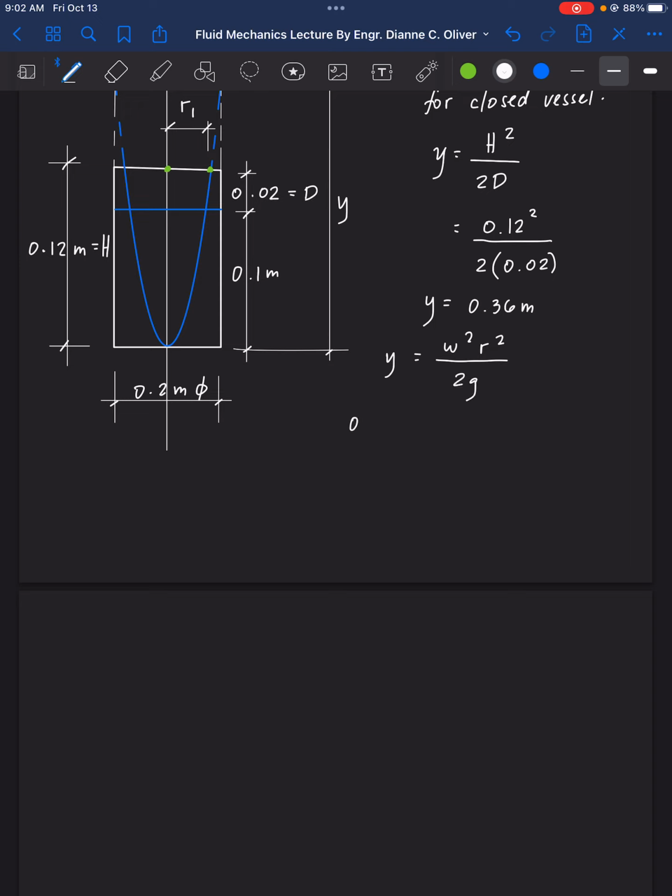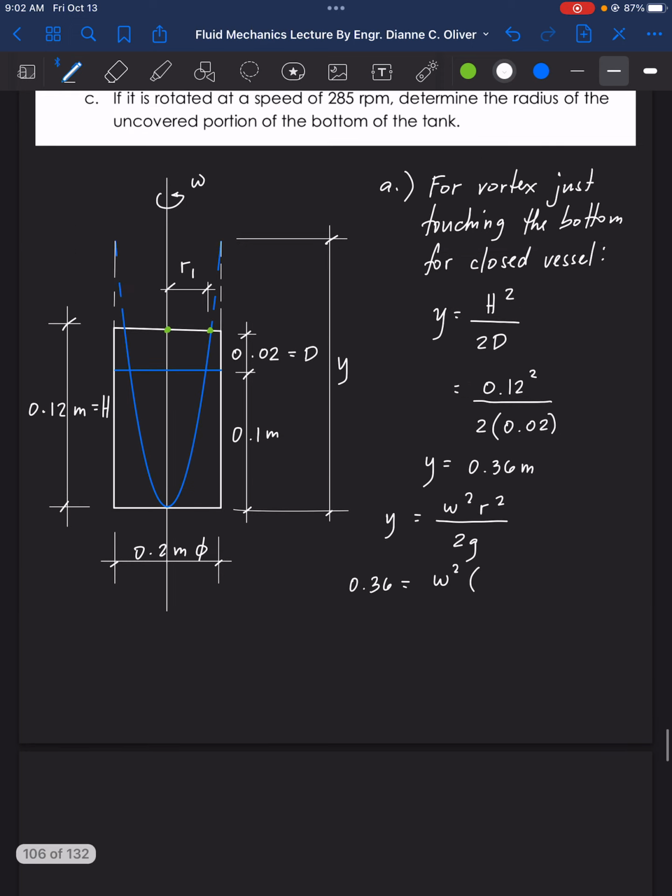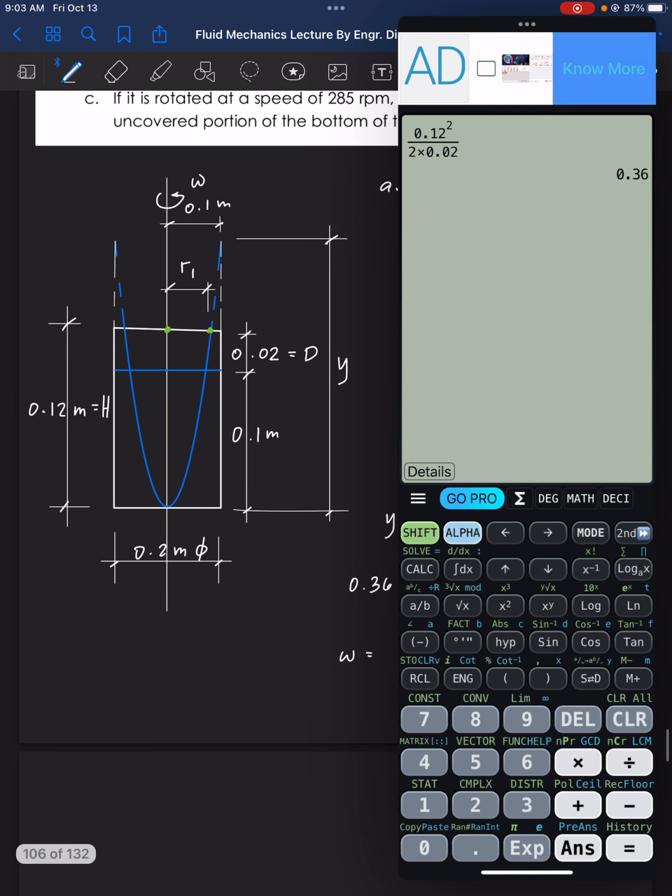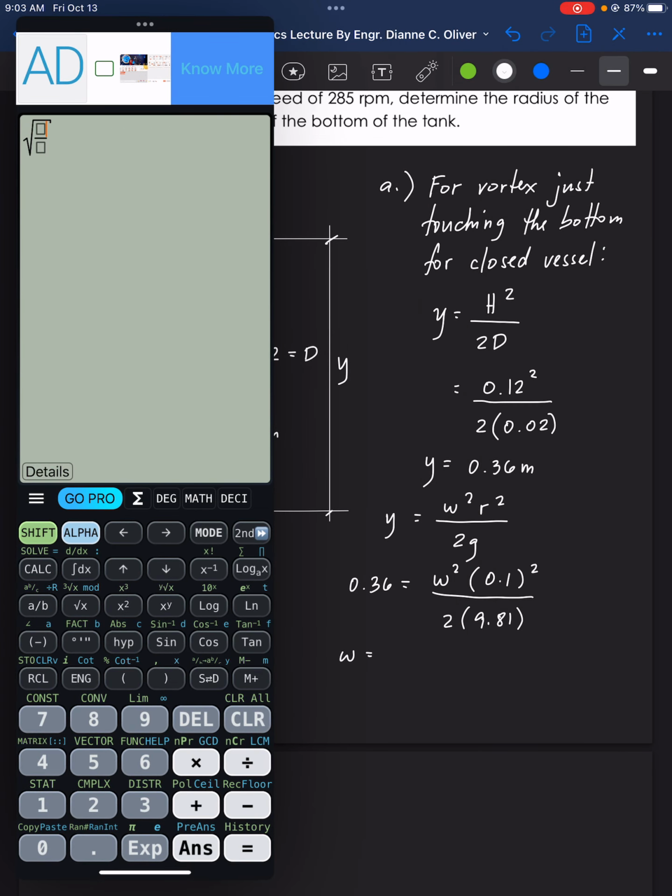So y is 0.36 equals omega squared times the radius, which is 0.1 meter, squared, divided by twice of gravity. So omega is equal to the square root of 0.36 times 2 times 9.81 all over 0.1 squared.